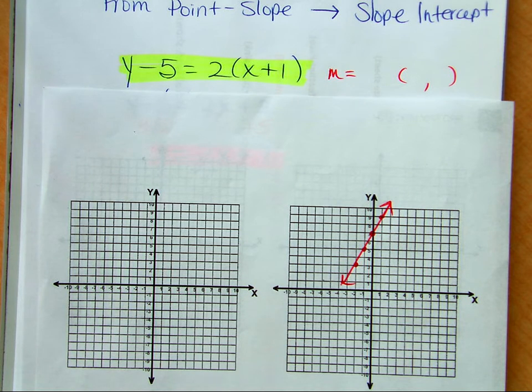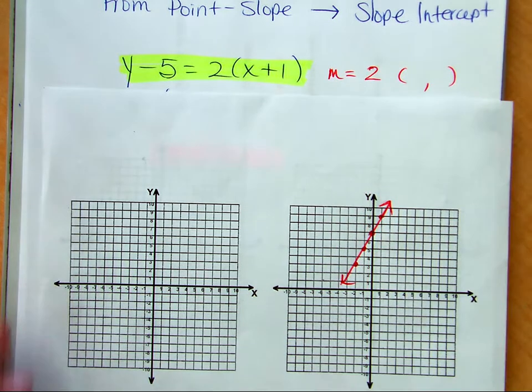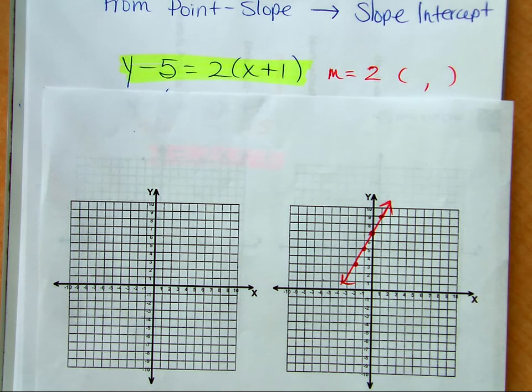You just got to do a little detective work. By the way, if you're converting and your slope is one thing in one of the equations and something different in the other, you messed up. Because the slope's not going to change, is it? The slope is the same regardless of what line.